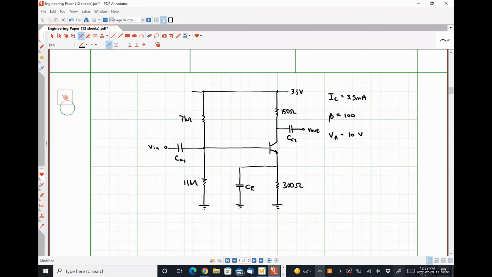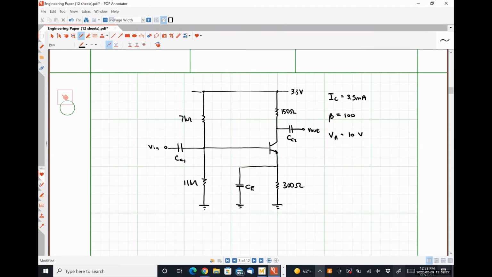Our output is being taken at the collector. So what does that mean? Common emitter. Absolutely right. Anytime we have the input applied at the base and the output taken at the collector, we have a common emitter amplifier. Effectively, whichever one doesn't have the input or the output, it's common that one. Okay. So we have a common emitter amplifier.